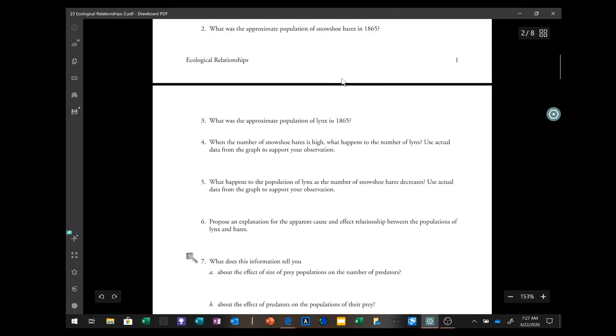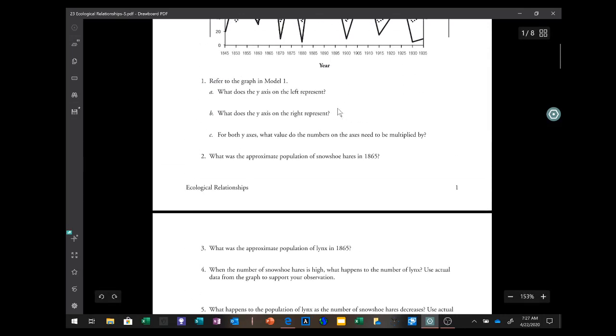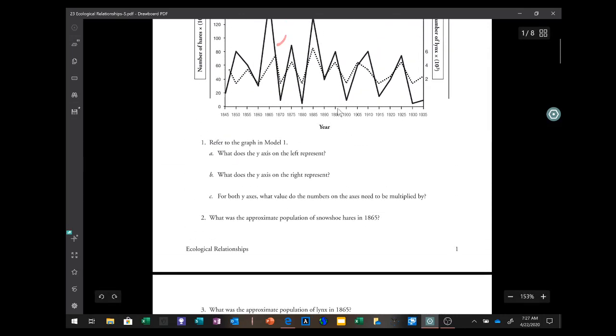Remember, in tying in with some of our learning objectives, ecology is largely about the study of interactions between biotic factors and abiotic factors. In other words, you're studying how one organism interacts with another organism in their particular environment, in the particular ecosystem. That would be biotic factors interacting.